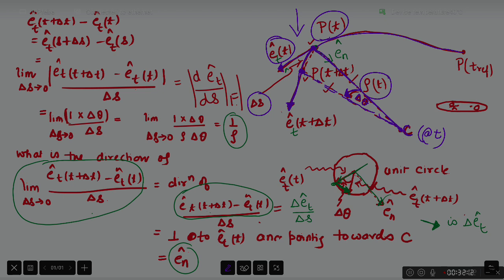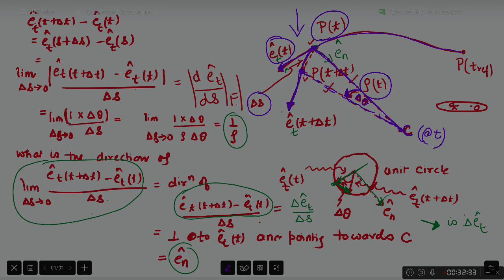Now these two unit vectors, et at time t and et at t plus delta t, both have magnitudes of unity, but their directions are not the same.